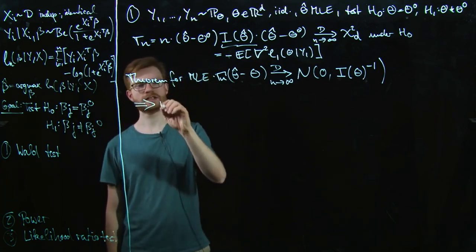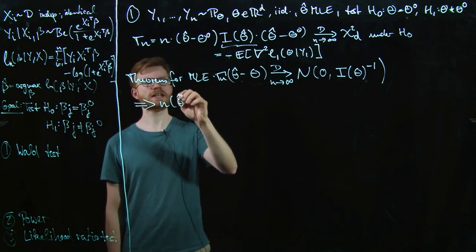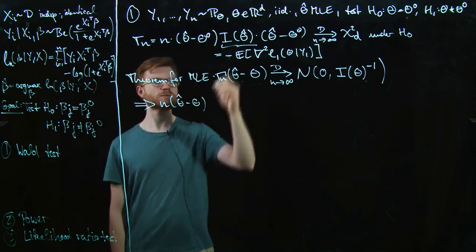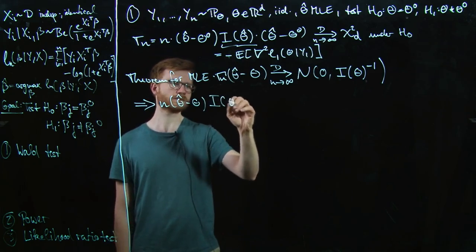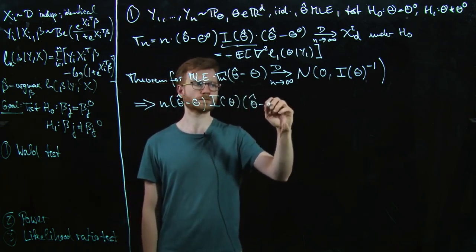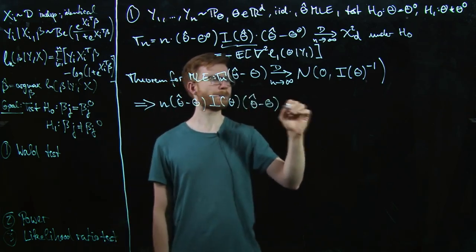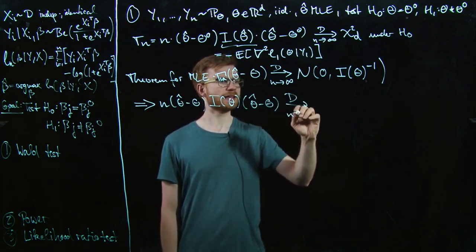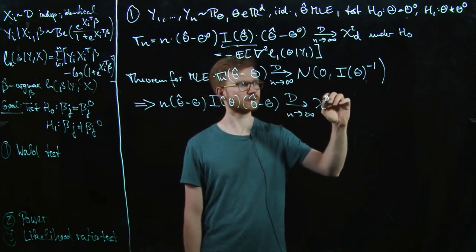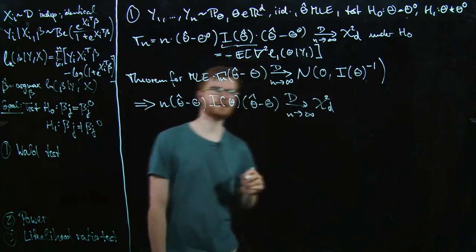So as a corollary, if I take almost this product up here, then I get a chi-square distribution with d degrees of freedom.